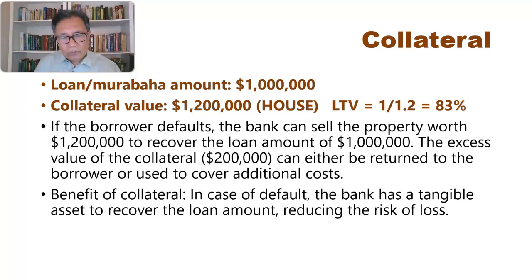We can also see that this loan or murabaha can be used to purchase property or to purchase automobiles. For automobiles, we will be referring to ijarah thumma al-bai financing. For conventional loans, it will be like hire purchase.